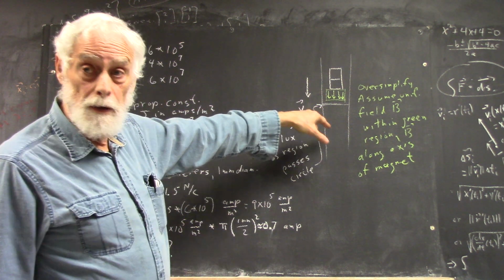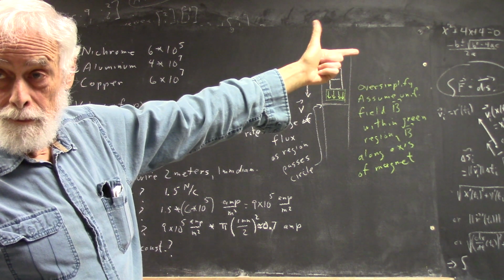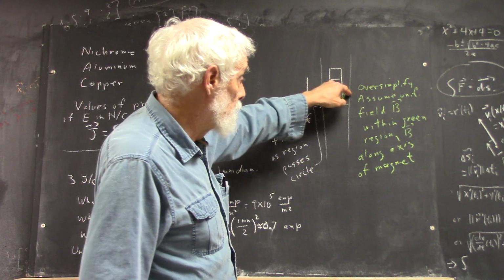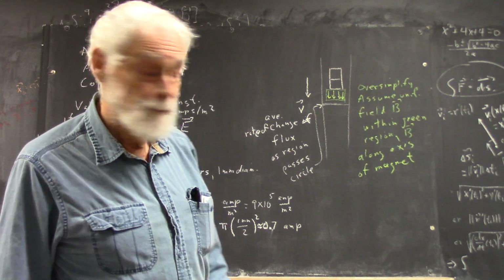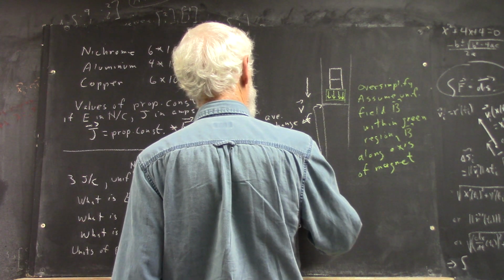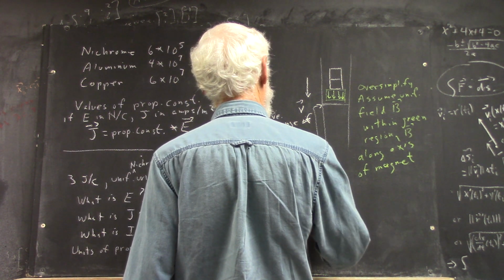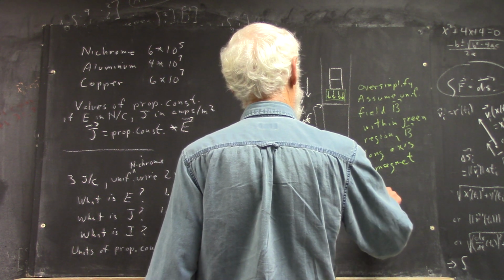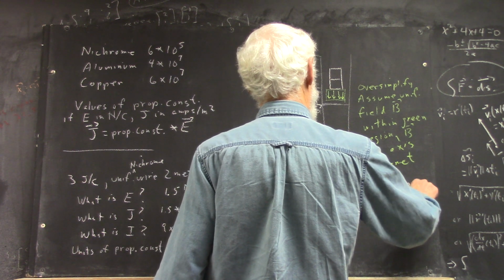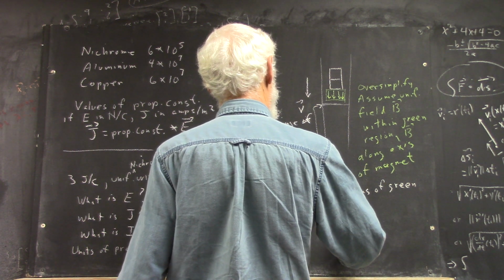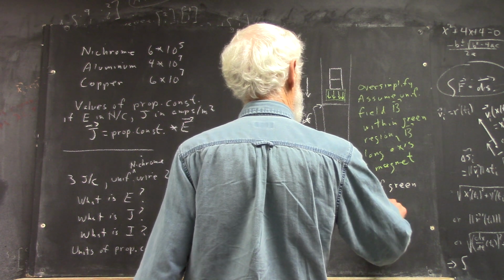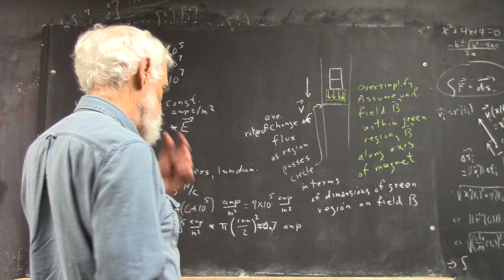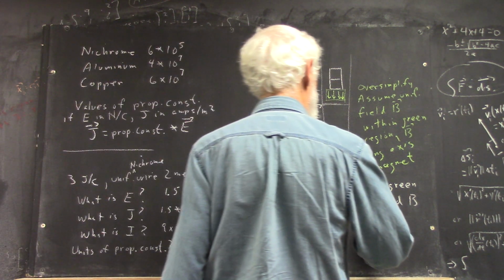It's some position along the tube. You know how fast the thing is moving. If you know the dimensions of this region and the magnetic field, yeah, okay.